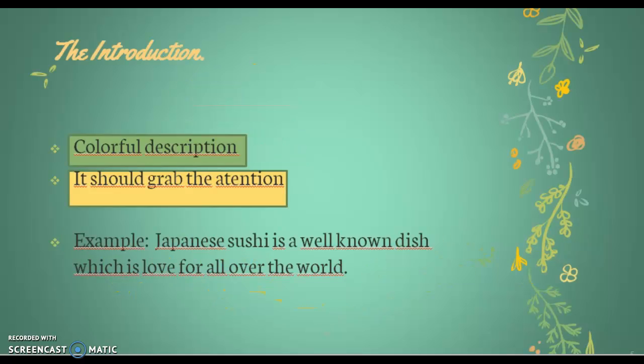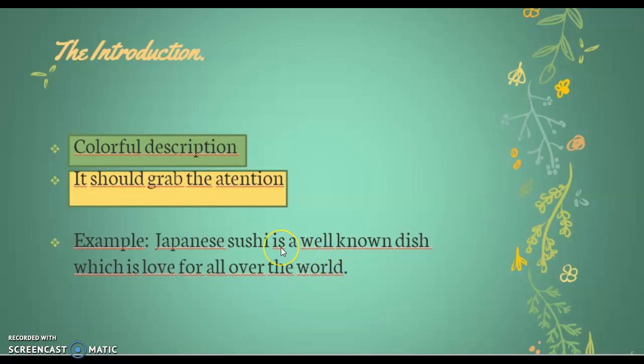Let's start with the first part of the structure of the process essay, that is the introduction. Colorful descriptions are very important because they should grab the attention of the reader. We have here an example: Japanese sushi is a well-known dish which is loved all over the world.